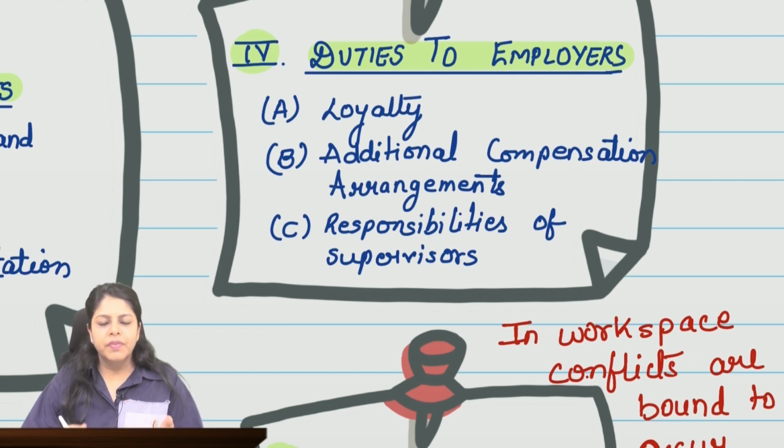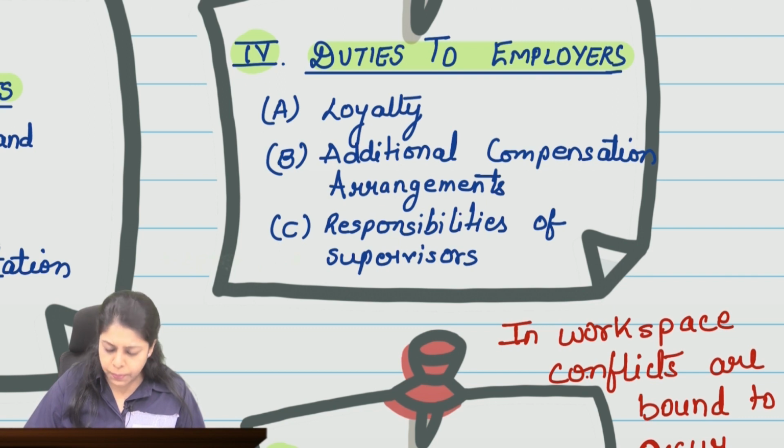Now, if you are in a supervisory position, then it's not just your responsibility to take care of your own actions, but of your team as well. You should be aware of any wrongdoing or any misconduct that has been happening in your team, because if it comes to any kind of investigation, it will be assumed that you, being their supervisor, knew about it all the time. So these are the few subsections of the duties to employers.